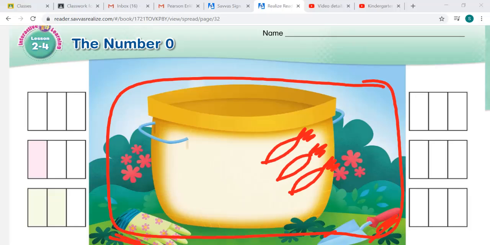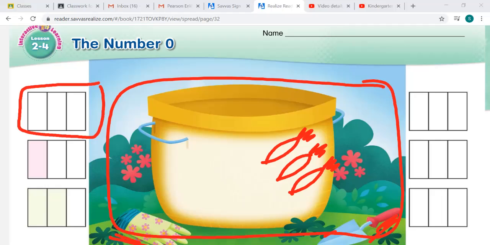How many counters would we put on our work mat to show how many potatoes Maria has in her basket? How many counters to show the potatoes? None. There's no potatoes, so I would not put any counters to show potatoes, right? Okay, so let's look at these rectangles here.